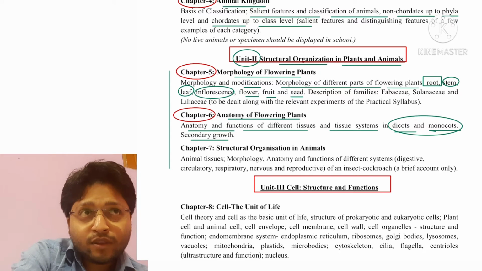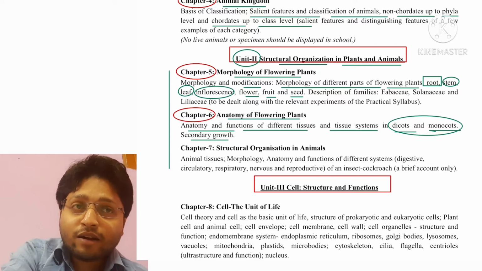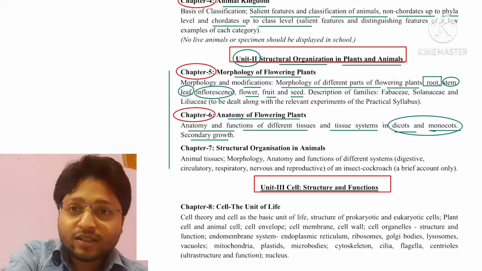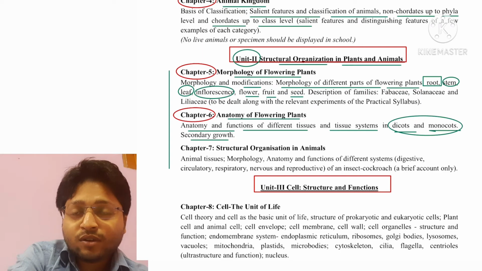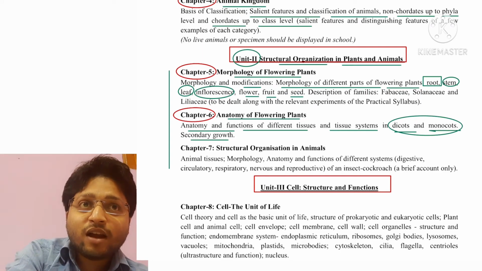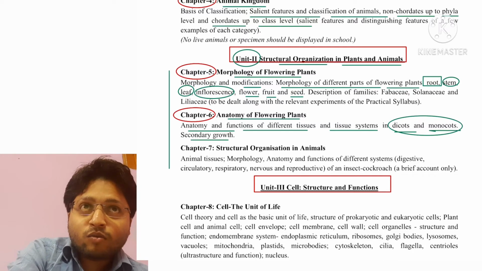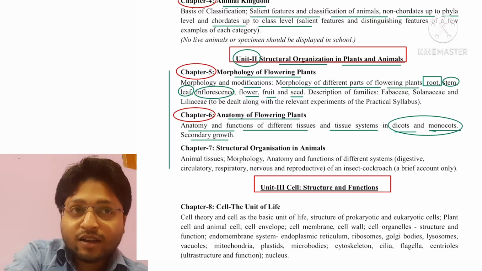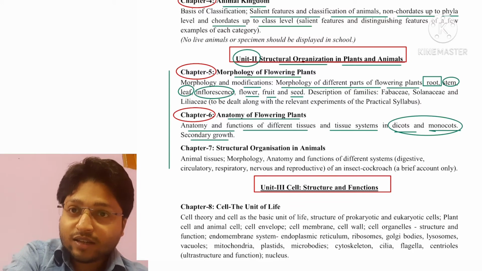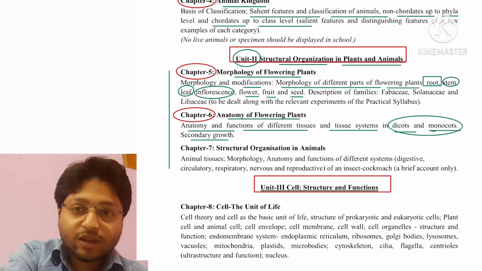So in monocots and dicots, how are their different body parts like root, stem, leaf, flower, fruit made up? What type of cells, what type of tissue systems are present in these structures, all this you will learn from this chapter.